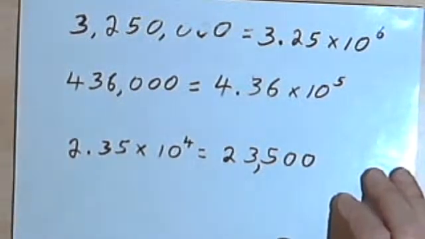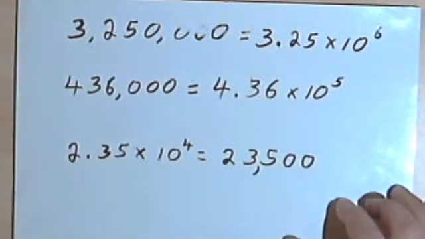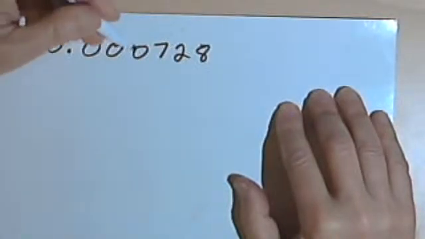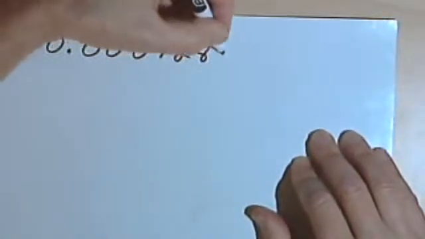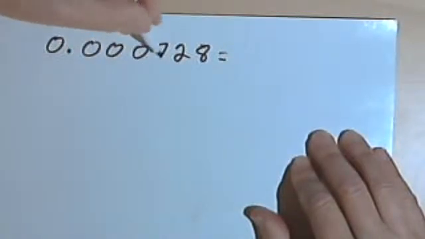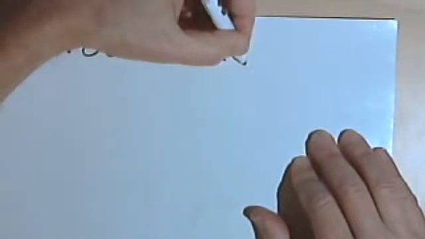Okay? Now, I can take that same kind of process and use it for very small numbers. So for instance, let's take this small decimal, 0.000728, and convert that to scientific notation. Now, this is a small number. What I'm going to do is find the first non-zero digit, which is a 7.